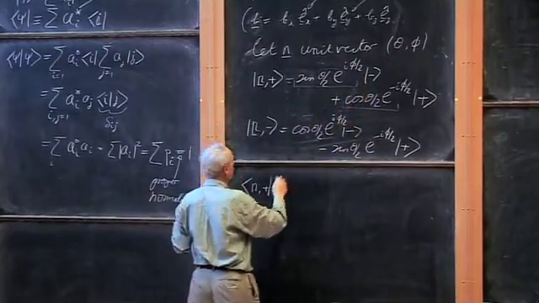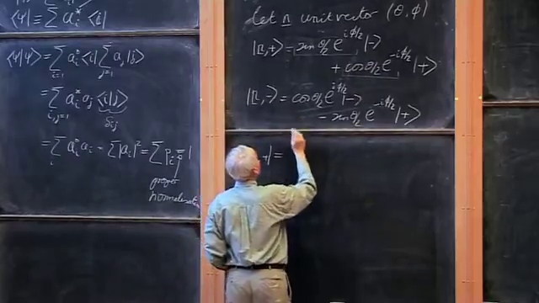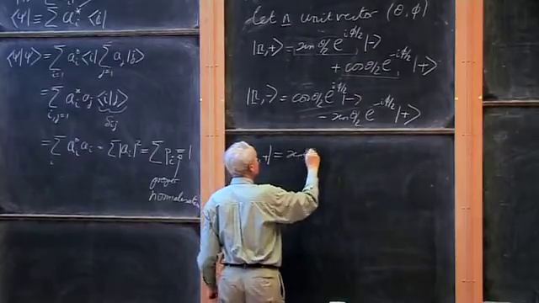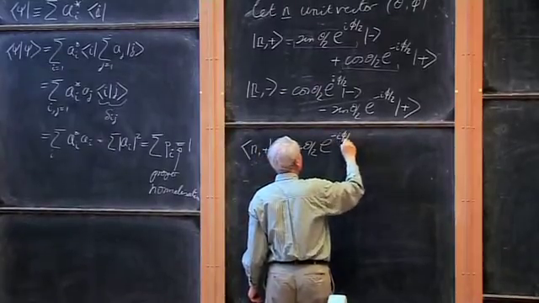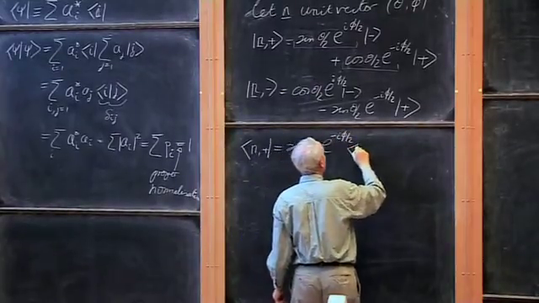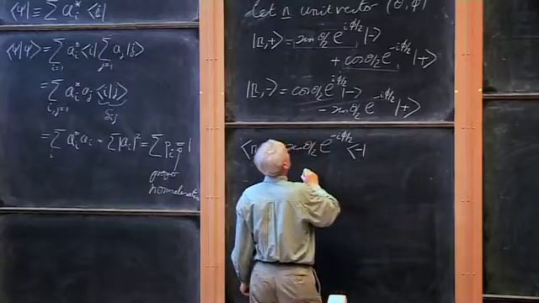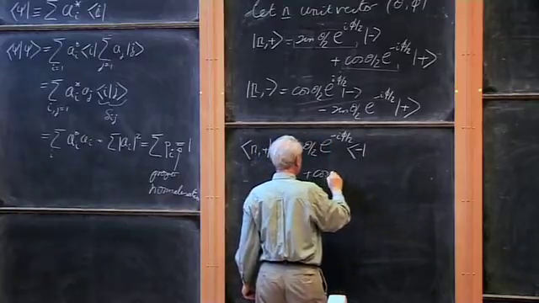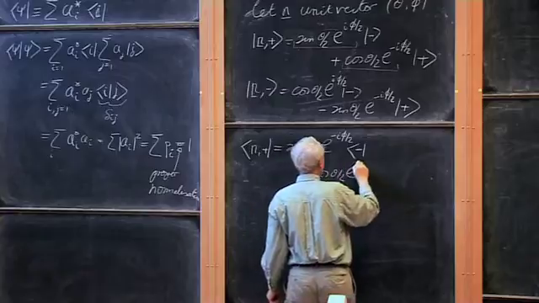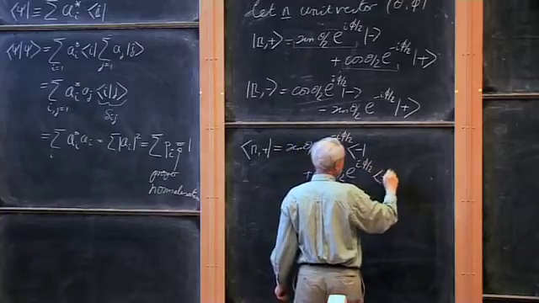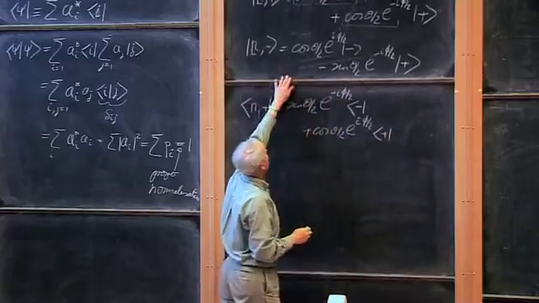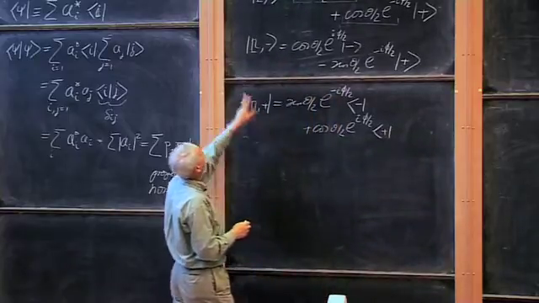That was the rule we agreed on. So this is going to be sine theta over 2 e to the minus I phi over 2 of the bra minus plus cos theta over 2 e to the plus I phi over 2 times the bra plus. So that's the bra that belongs to that.